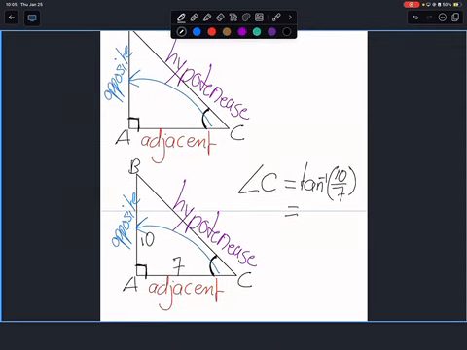Which gives 55 degrees. Do not forget about degrees. We are talking about angles.